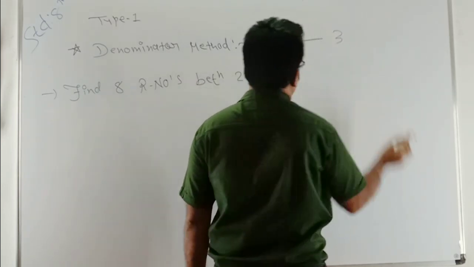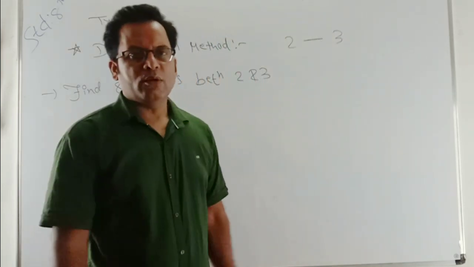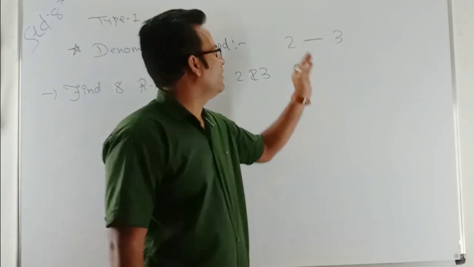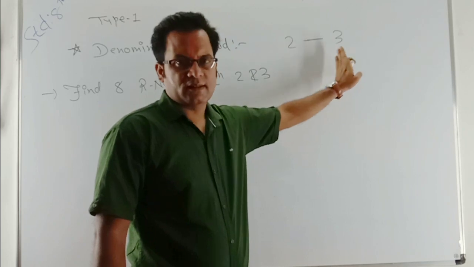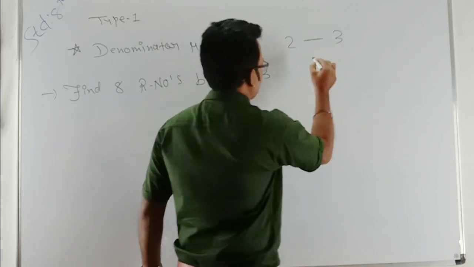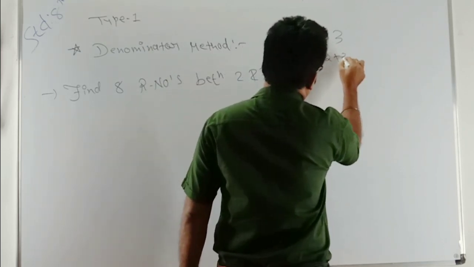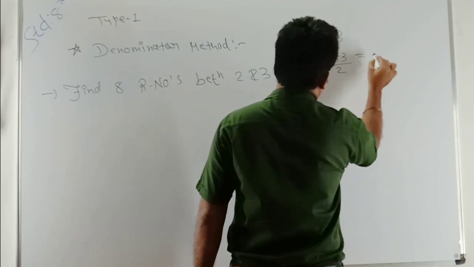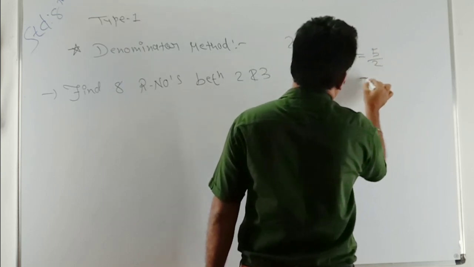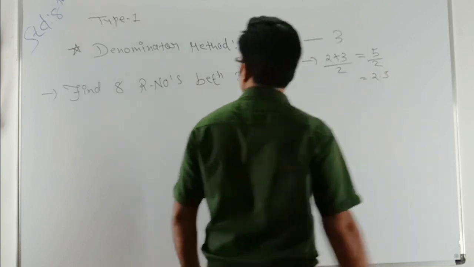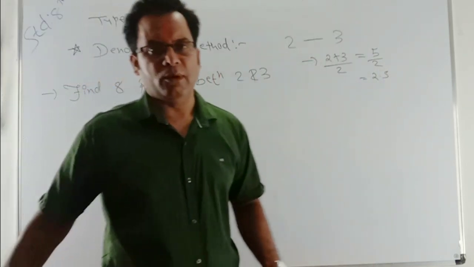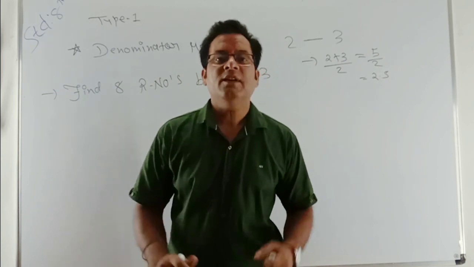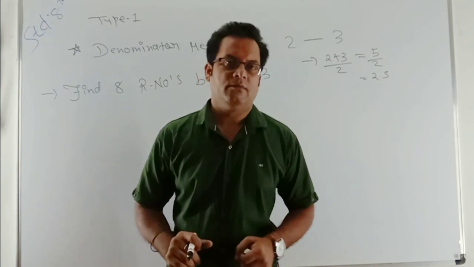Only one number you can find if you go with the mid value method, right? 2 plus 3 by 2 is equal to 5 by 2 is equal to 2.5. But we want here 8 rational numbers. So denominator method can be helpful here.